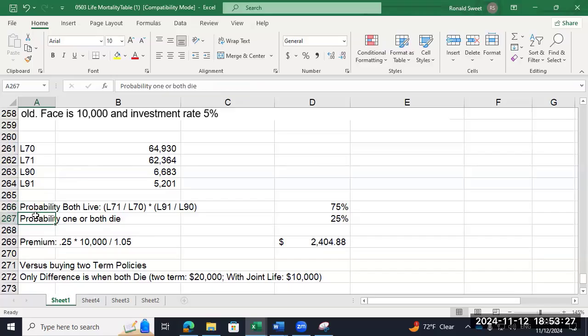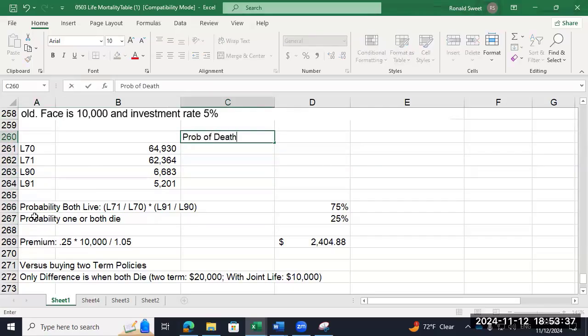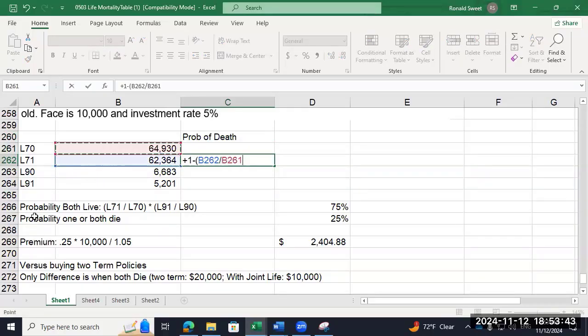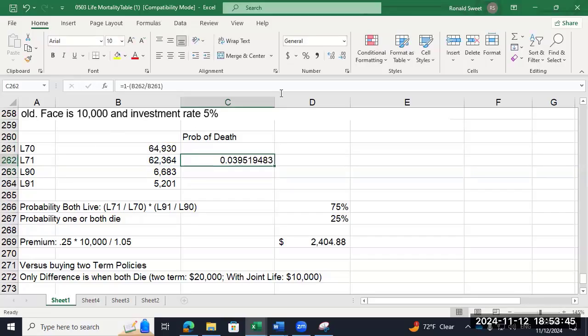One minus that is not the probability they both die. That's the probability one or both of them die. So to get the probability they both die, we have to say probability of death. For this one, it's one minus that divided by that. So the chance he dies is 3.95%. The chance she dies is 22%. What's the chance they both die?